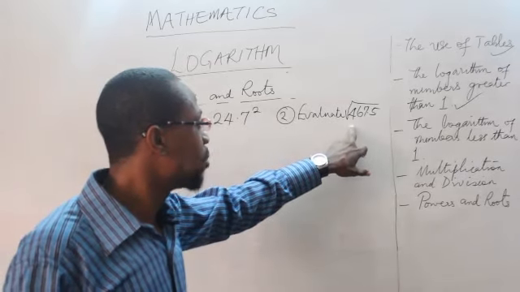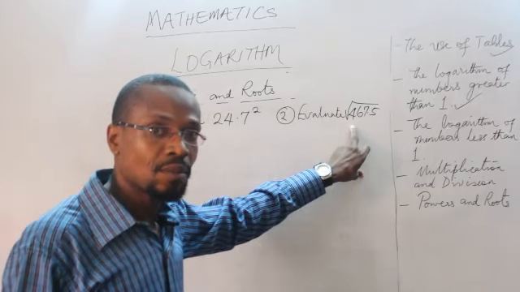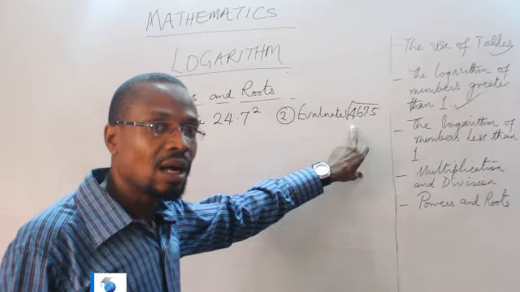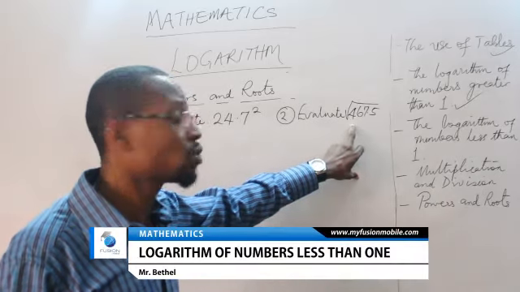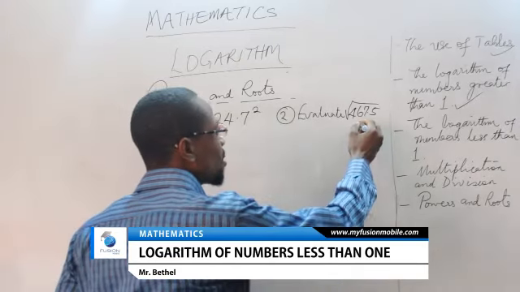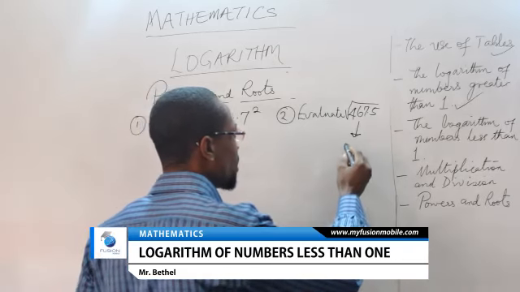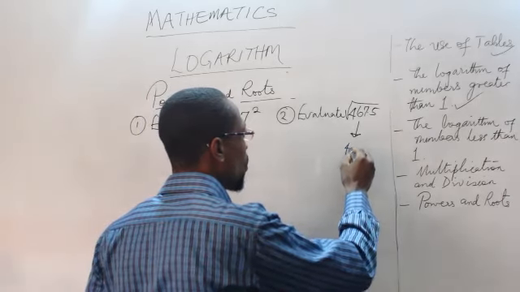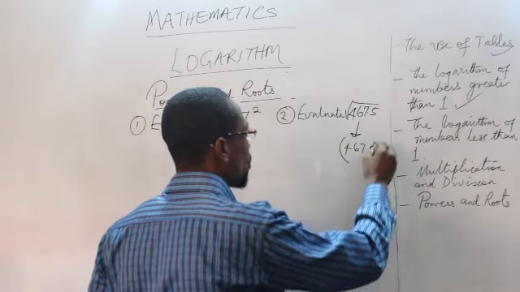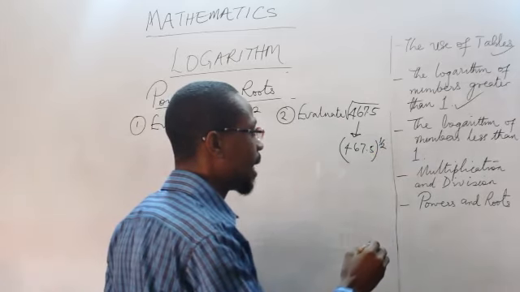This is the square root of 467.5. What you do in this case is remember that this very number can be written the same way as 467.5 raised to the power of half, right?